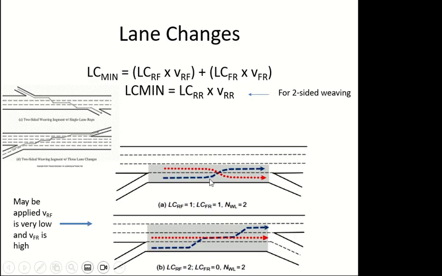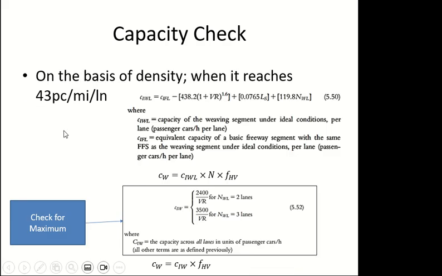So in this case I have 4 lanes, in this case 4 lanes, in this case 3 lanes, and in this case 5 lanes. So you multiply the capacity with all the lanes, whether weaving or non-weaving.